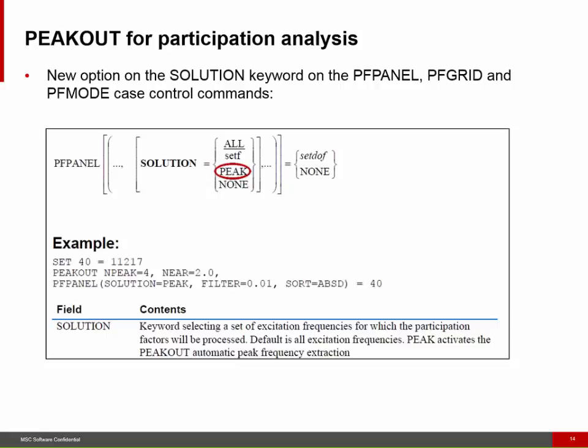Here's just one example where you say PEAKOUT, you want 4 peaks with a minimum separation of 2 Hertz. And then for PF panel, you say SOLUTION equals PEAK. Then Nastran will find the 4 highest peaks, and calculate the panel participation at those frequencies.